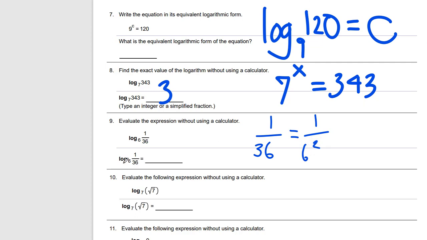Now, I know I need to use a 6 because, look, base of 6. And this is 6 to the negative 2, because remember, the negative means take that base and put it in the denominator. So now, what they're saying is 6 to the negative 2 is 1/36. That's true. So my answer is negative 2 because the log is looking for the exponent.